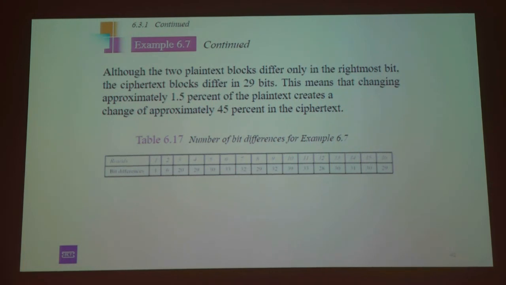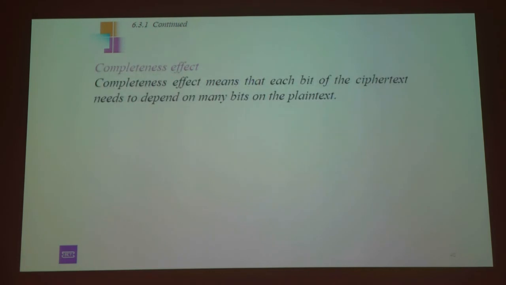Here is the number of bit differences for the example before. At round 16 we have 29 bits different, at round 15 we have 30 different, and so on, around round 10, 39. The bottom line is that there is an avalanche effect here.